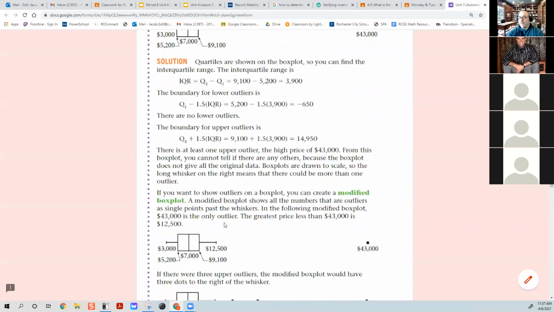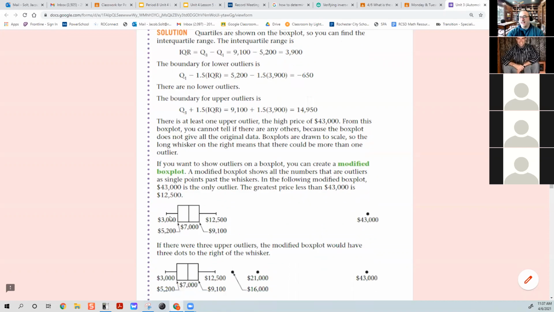If we wanted to show the outliers on a box plot, we can create what's called a modified box plot. A modified box plot shows all the numbers that are outliers as single points past the whiskers. In the following modified box plot, $43,000 is the only outlier, and the greatest price less than 43,000 is 12,500.